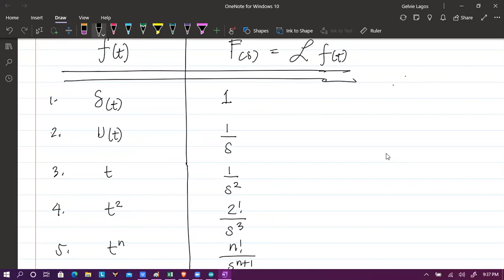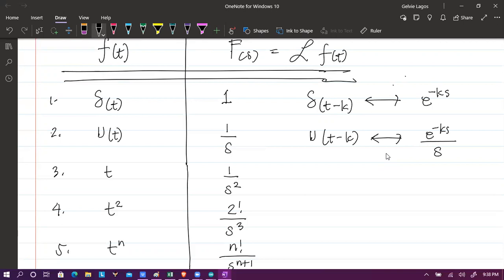Oh, by the way, before anything else, let's take the Laplace transform of the shifted function, which is equivalent to e raised to minus as, all over s. Okay. So I think this will be all for the Laplace transformation pair.